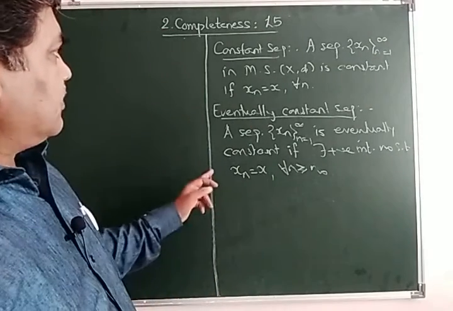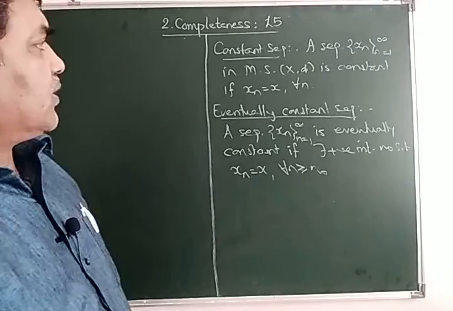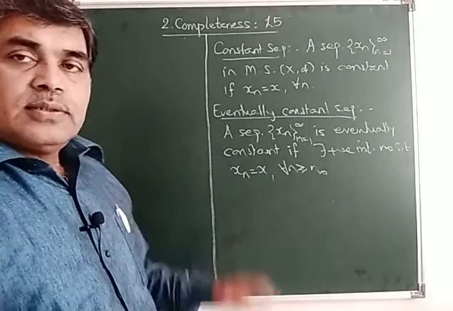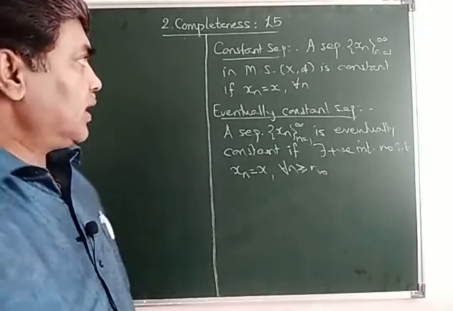Now we prove that every constant sequence or eventually constant sequence is a convergent sequence and hence a Cauchy sequence.